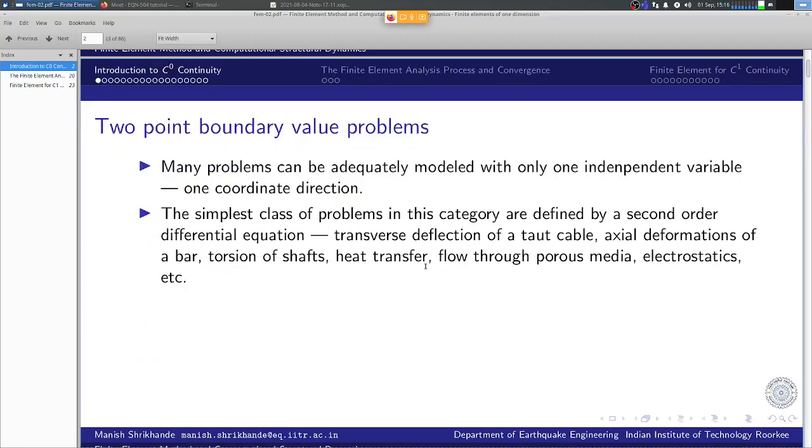Simplest class of problems in this category are defined by a second order differential equation.